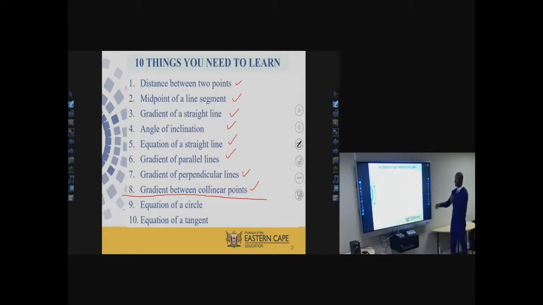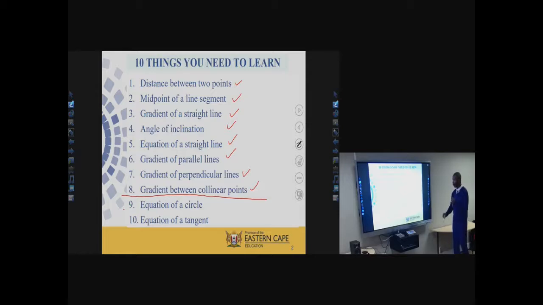By the way, a tangent is a straight line. So therefore, it means when you are working with a tangent, you are literally working with a straight line. So which means you will need to know this gradient of that straight line called the tangent in this case. And then you will need to find the equation of that tangent, which is a straight line.